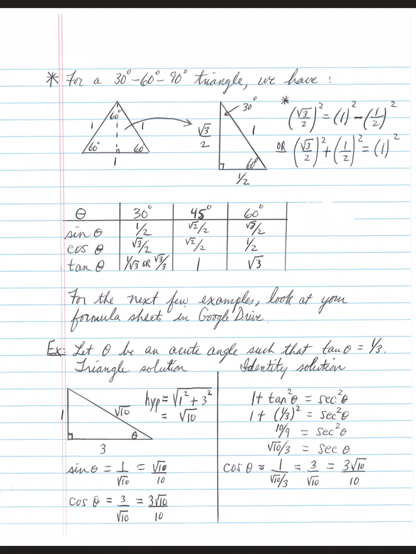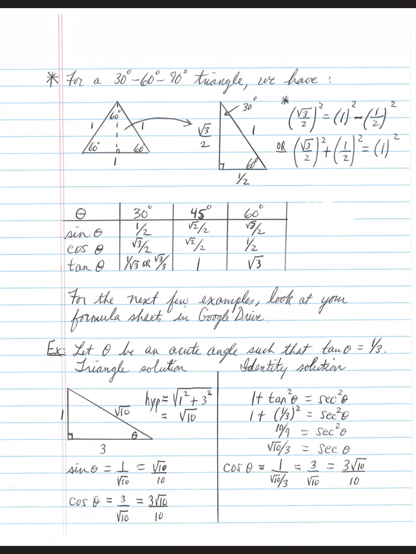The tangent ratio is opposite over adjacent. So let's construct a right triangle. Mark one vertex with theta. It doesn't matter if you mark it up here or here. I'm just in the habit of writing them on the bottom. It's no big deal.